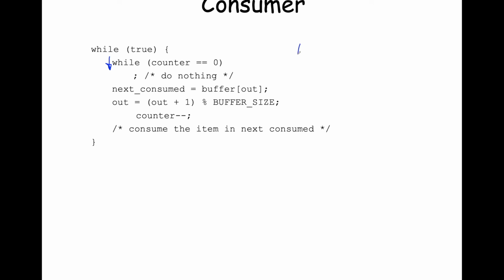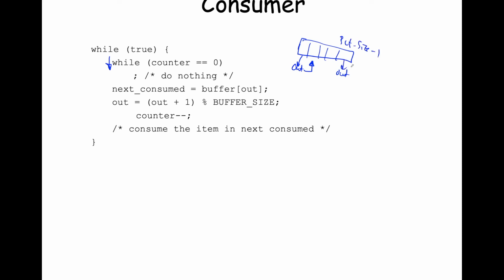And so we see here this consumer starts taking items from some point called out. It removes the item, and then it increments that index out. And it keeps doing that until out is equal to that last position, buffer size minus 1.